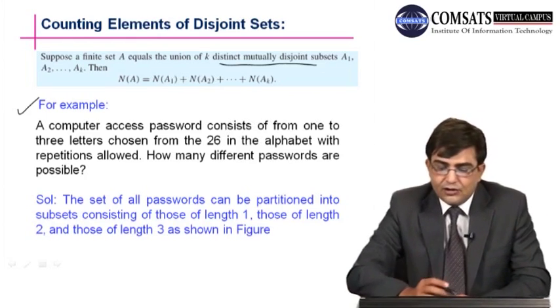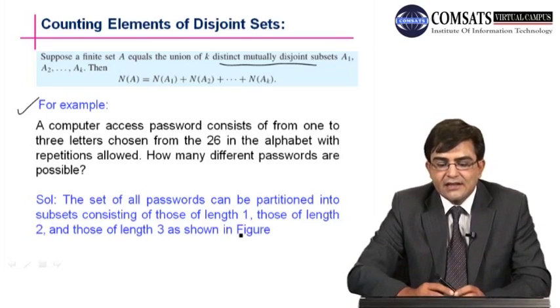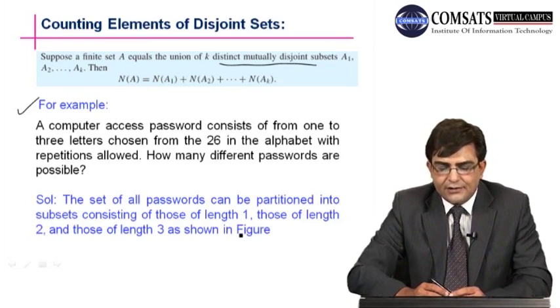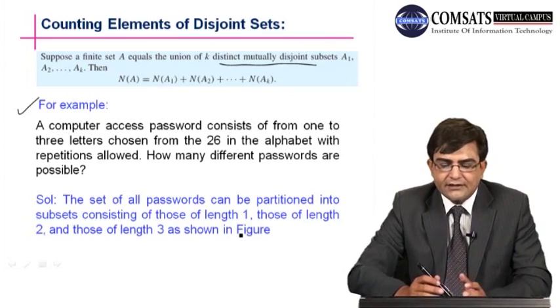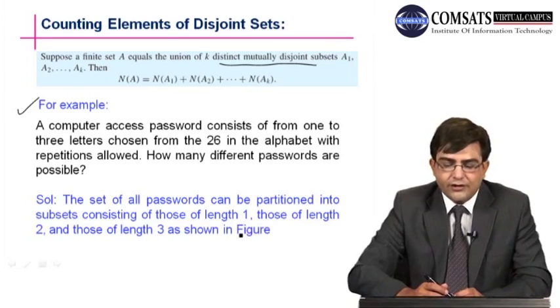Distinct mutually disjoint subsets means that no two subsets of A have common elements, that is, their intersection is empty. Distinct means no two have the same elements, and no two subsets of A have common elements, that is, the intersection of any two subsets of A is empty.